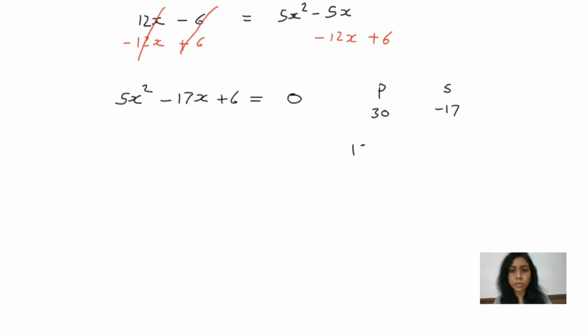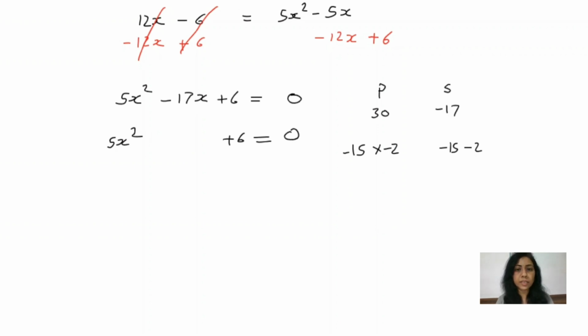15 times 2 is 30, but the sum is negative, that's why both numbers are negative. So minus 15 minus 2 is minus 17, and minus 15 times minus 2 is 30. Write the first term as it is, the last term as it is, and just split the middle term.